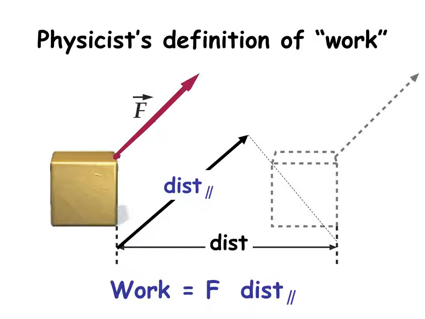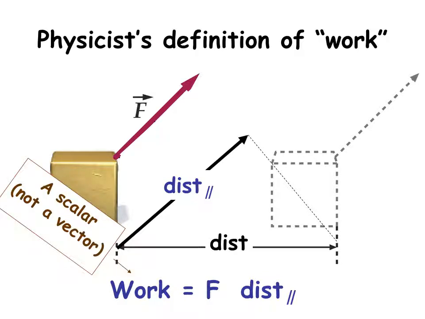If there is an angle, we multiply by the cosine of this angle. We note that work is a scalar, not a vector quantity. Also, the force is a vector quantity multiplied by the displacement, also a vector quantity.